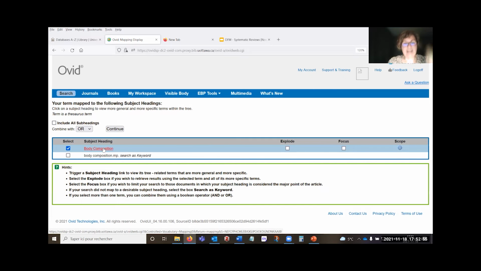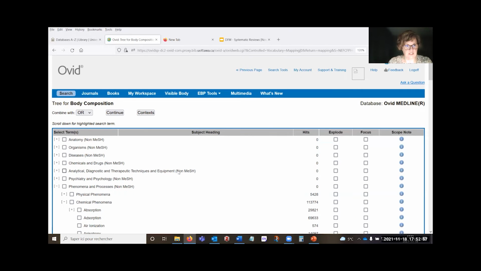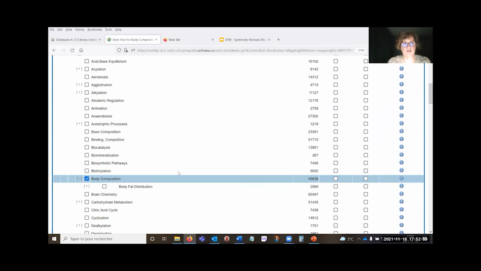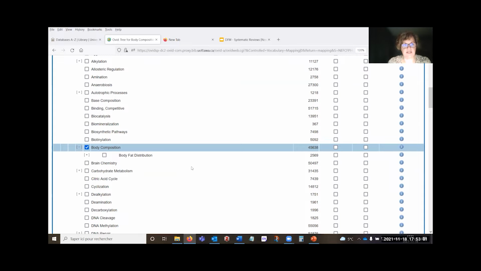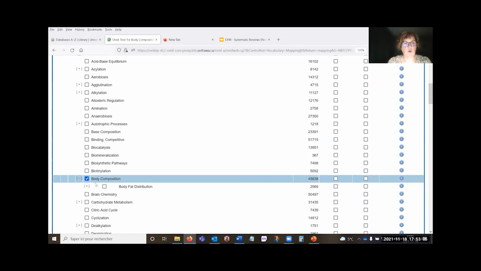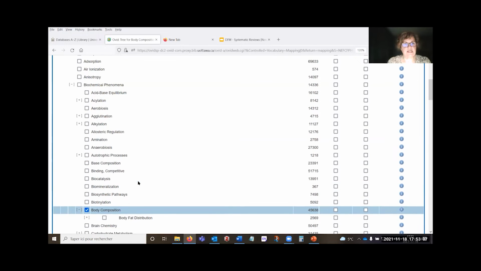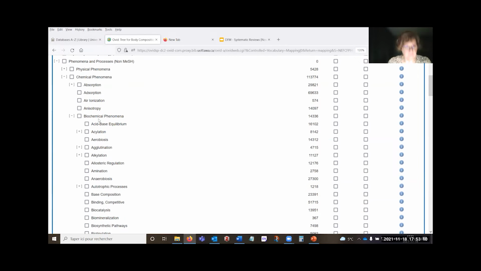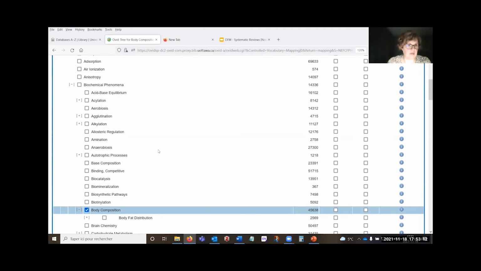Okay, so I'm going to click on the term body composition, and then you scroll down until you see the blue highlight. So what is this? What am I looking at? Body composition is under biochemical phenomena. And it's a hierarchy.